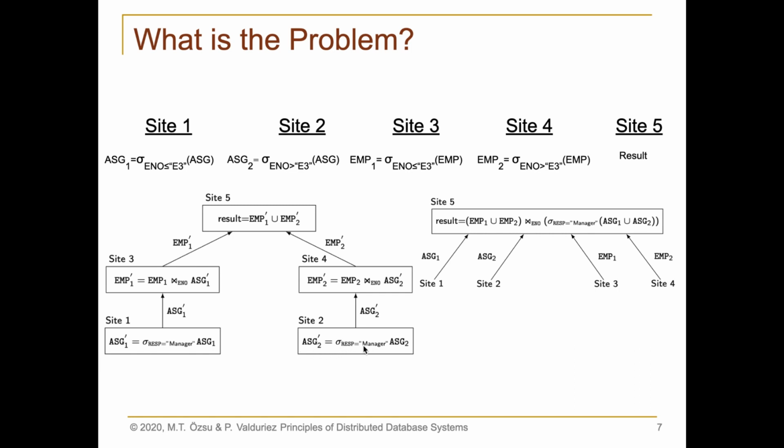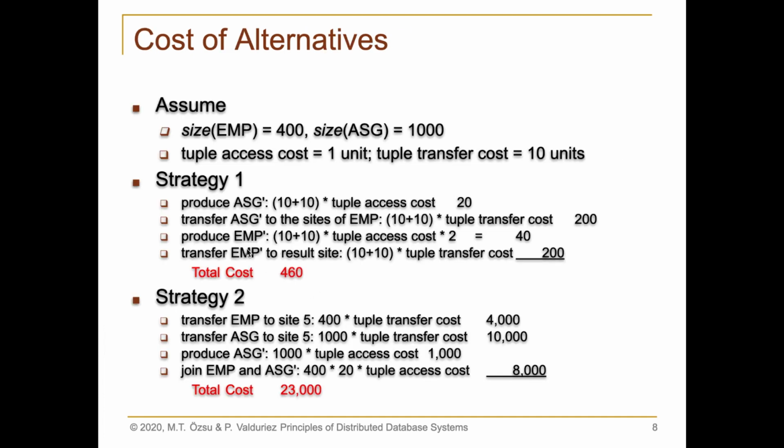So because of this, the join operation between employee 2 and assignment 2 prime, and also the join operation between employee 1 and assignment 1 prime, accesses exactly 10 tuples from each of these sub-relations. So accordingly, for the first site, to produce employee 1 prime, the operator simply accesses 10 tuples from employee 1 and 10 tuples from assignment 1 prime, and it multiplies this with the tuple access cost, which is 1.